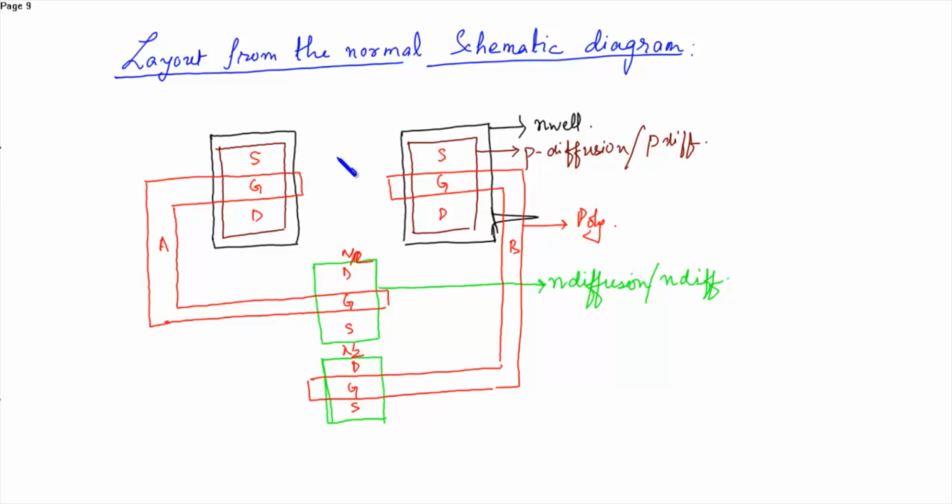Now after connecting the corresponding gates, connect the sources to VDD. The sources of the PMOS are connected to VDD. So this is VDD. This is metal 1.